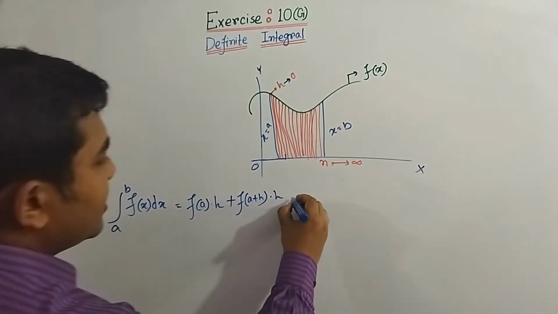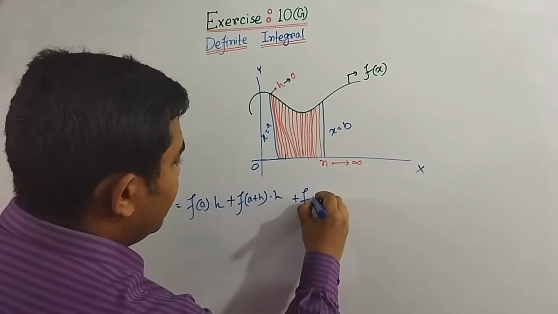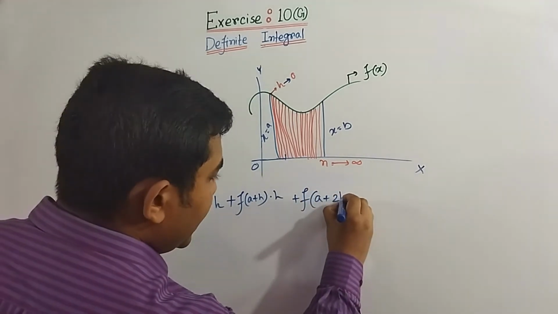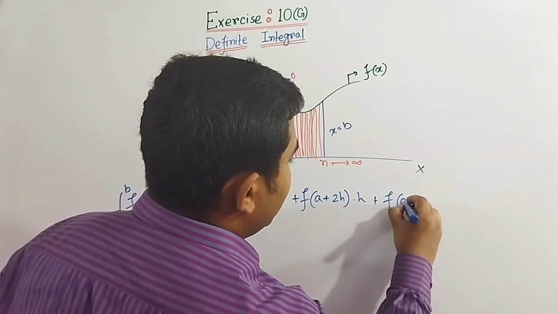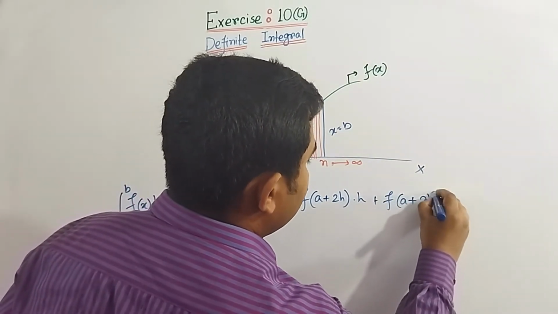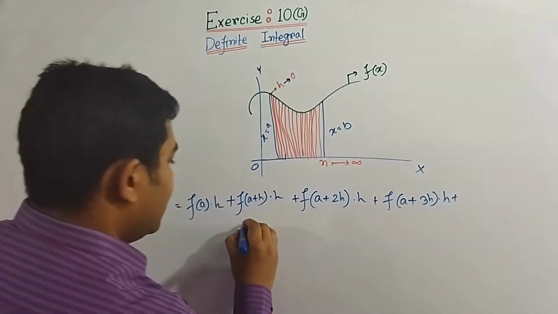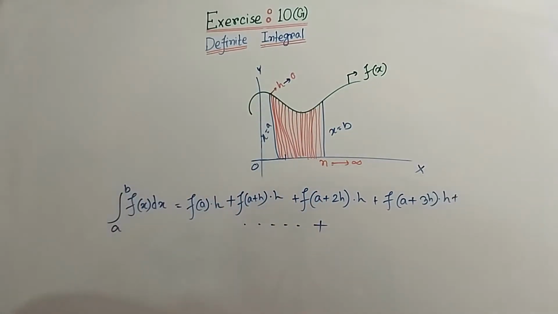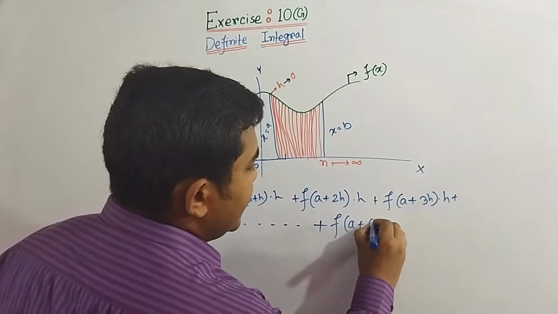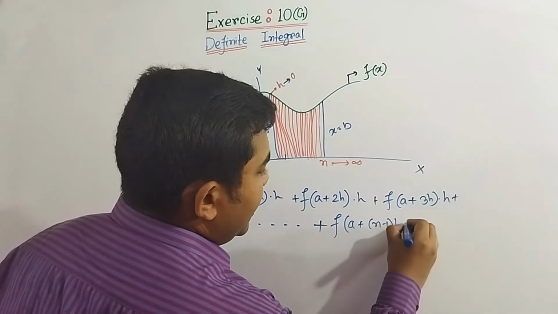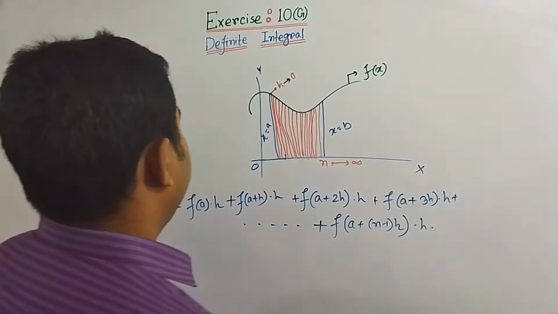Exactly, the next part should be f of a plus 2h into h, then f of a plus 3h into h, and if it goes on and on, the finishing part should be f of a plus (n minus 1)h into h.